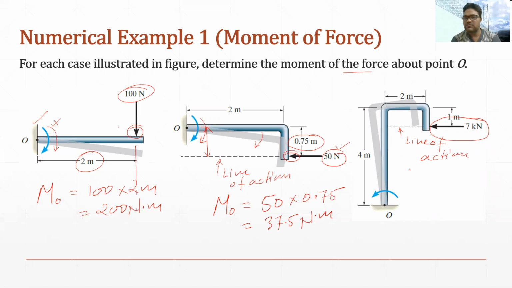The body is rotating about point O, and the distance from the line of action to point O is 3 meter. So moment about O will be 7 into the perpendicular distance, which is 3 meter. This time the moment will be 21 kilonewton meter.